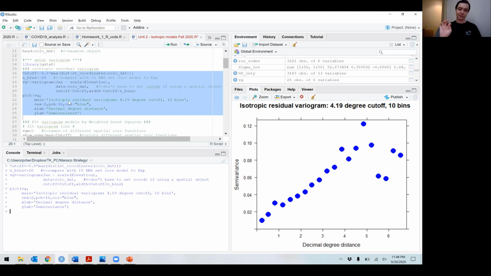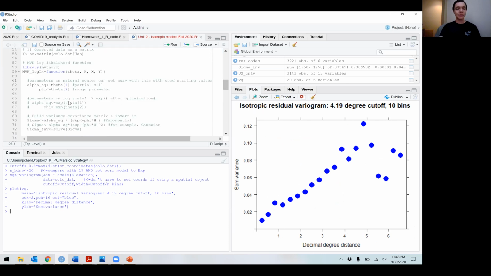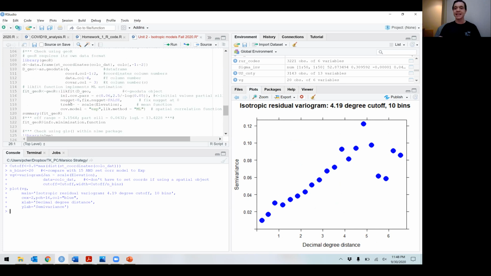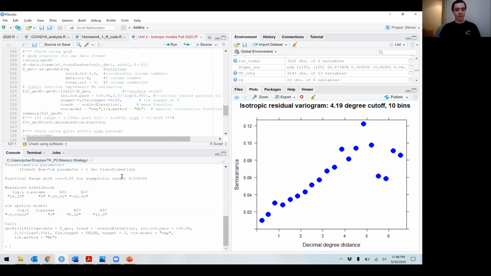And this, to me, drives home the point that the variogram works with the residuals. Our likelihood-based models work directly with your observed data. You should be preferring things that work directly with the observed data.